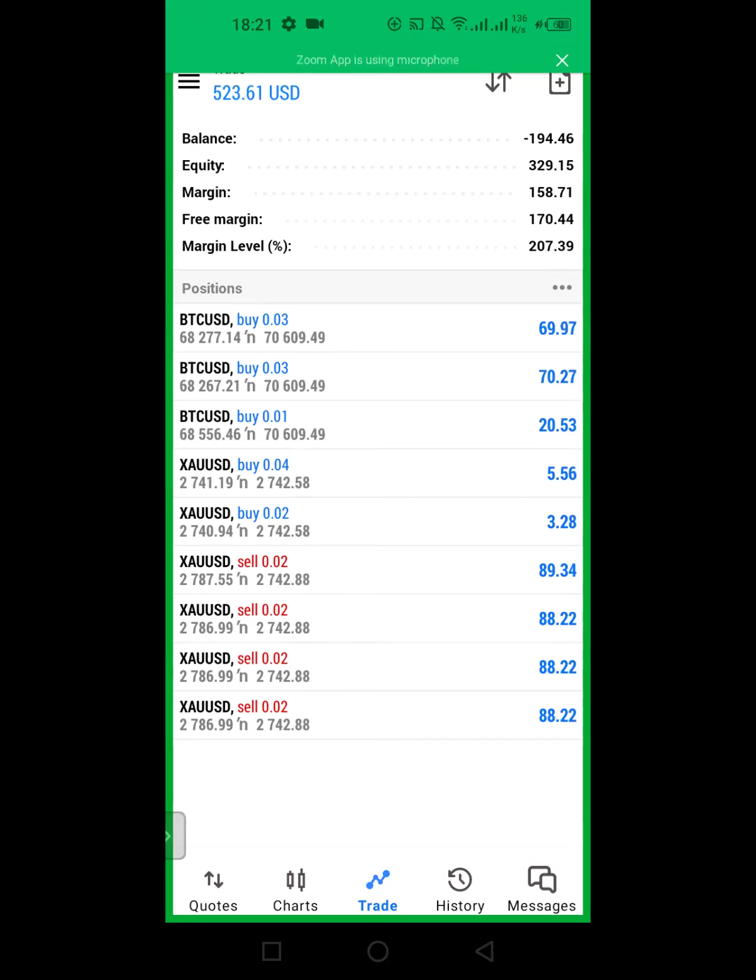Now, focus your attention on this last trade idea, this gold, this last one, this 0.02. You see that currently this trade is on $88 profit, and I'm using 0.02 now. Because I am still waiting for this trade to hit my desired TP.